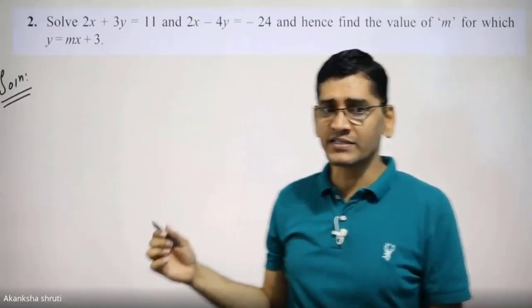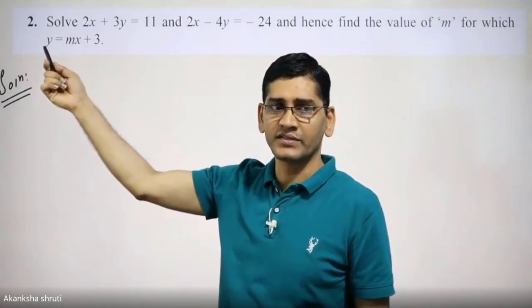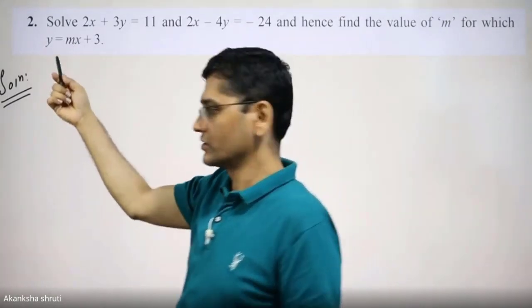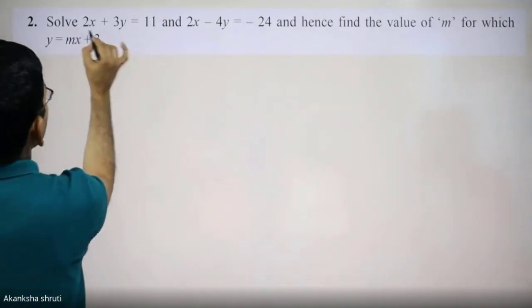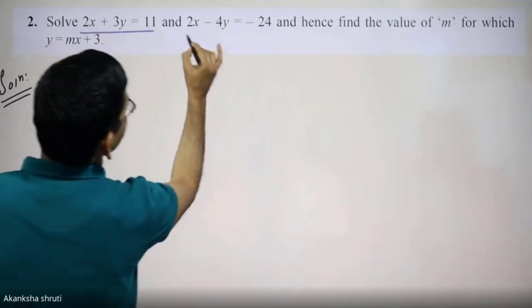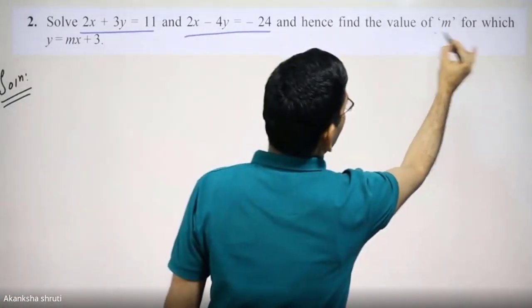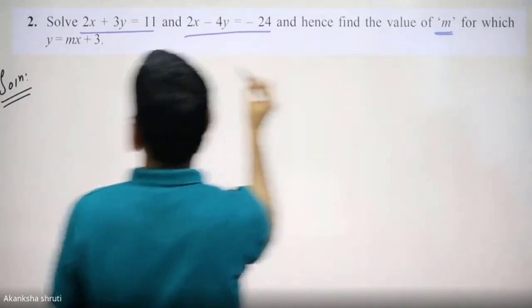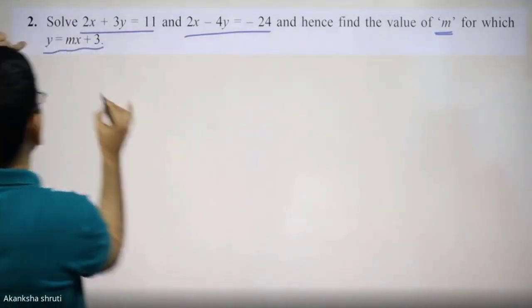So students, let us come to question number 2 of our NCERT exercise 3.3. Here you have to solve these two equations and then find the value of m for this equation. Means we are given three equations.